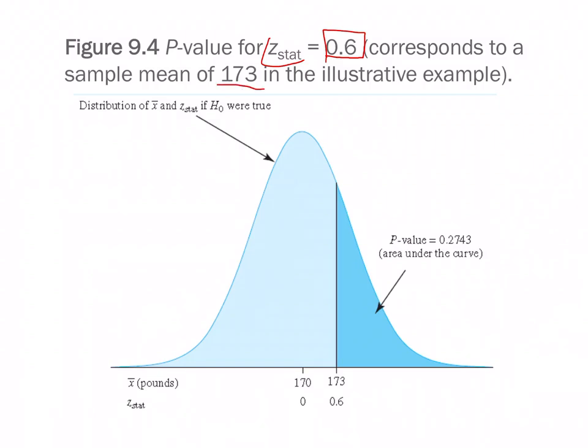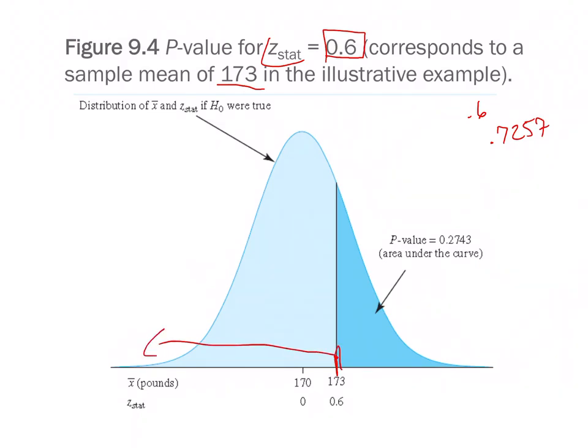If you go back in your book to table B and find the z-tenths at 0.6, you'll find that the value associated at 0.60 is 0.7257. And remember, anytime you use table B, it's corresponding to that 173 mark and to the left.